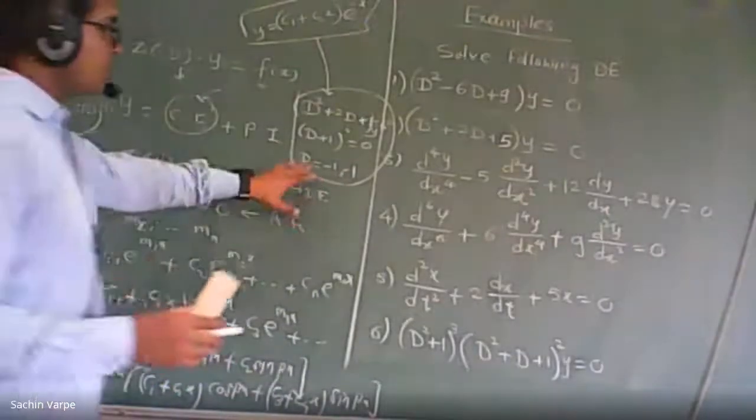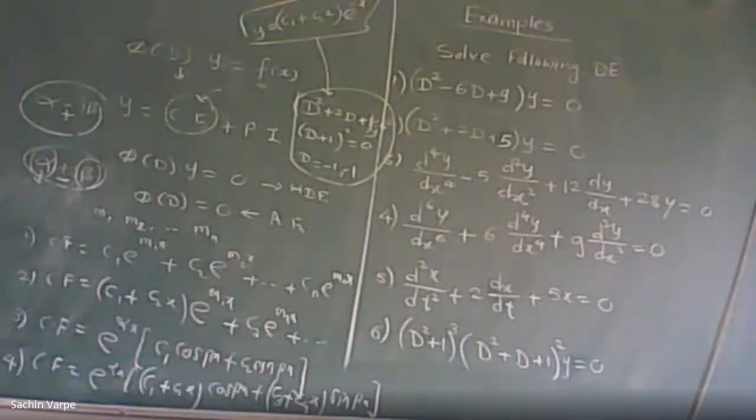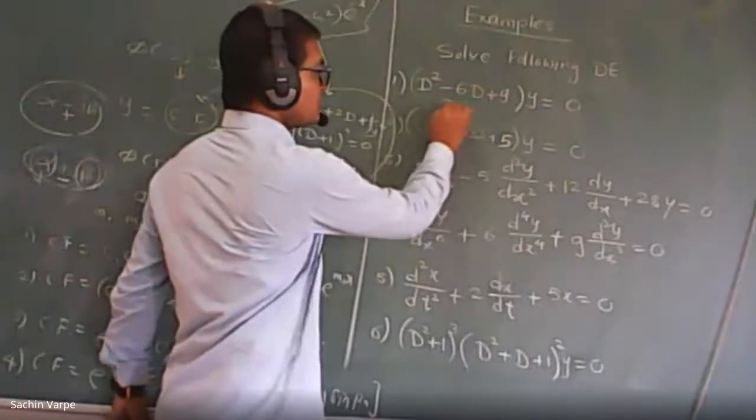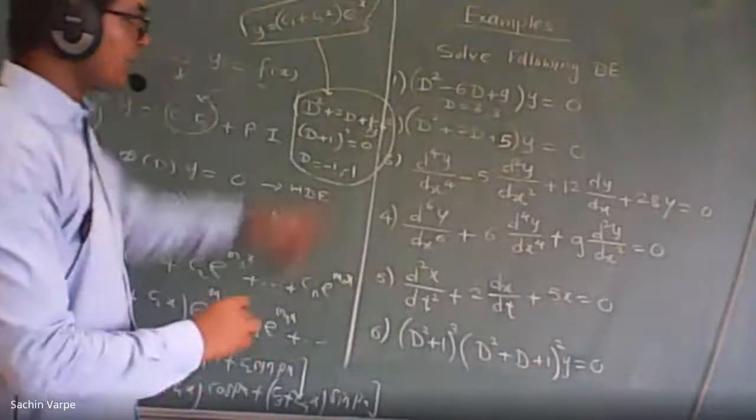So the similar formula. Here, d equal to 3 is a real and repeated root.